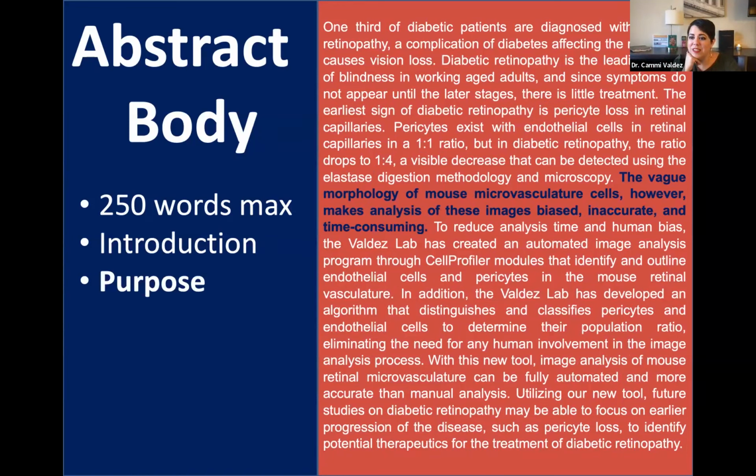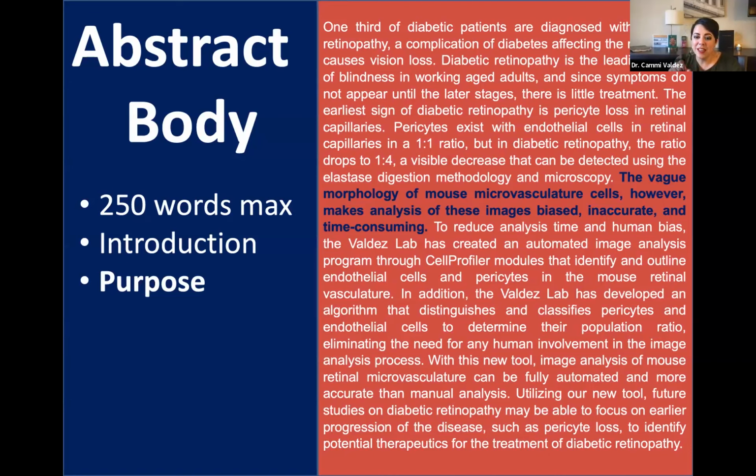So, what's the purpose of the study, or maybe what's your hypothesis, right? And so, for this particular project for Anne, the issue that we have is that we want to be able to count two different cell types that make up the capillaries, but it's really, really hard to do in mice because the mice are really tiny.